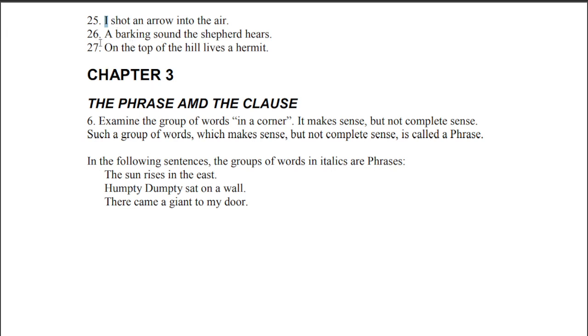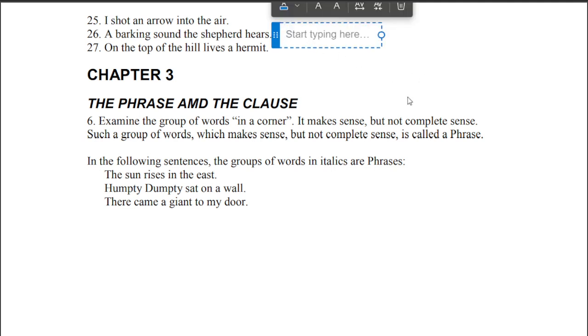26. A barking sound the shepherd hears. This sentence appears to be confusing, and learners might find it difficult to identify the subject or the predicate.